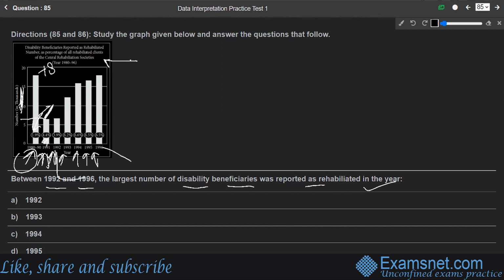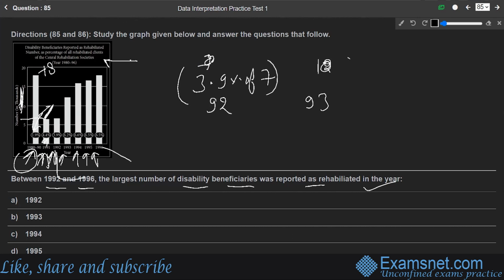For 1992, this is somewhere close to 3.9% of 7,000. If we see the year 1993, it is somewhere between 10 and 15, so let us approximate this to be 12.5.